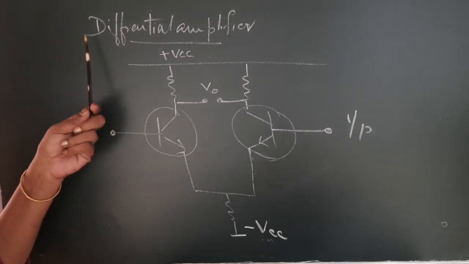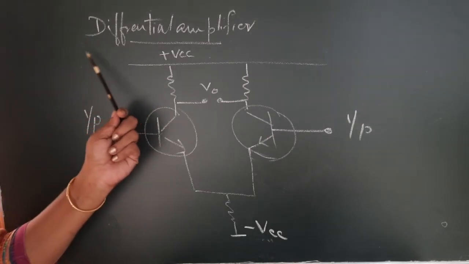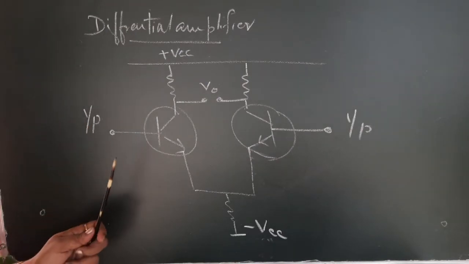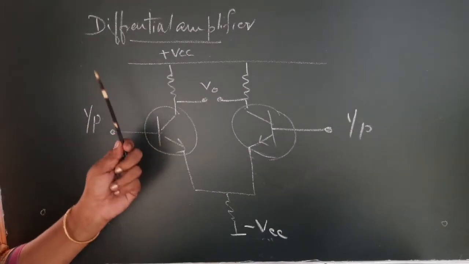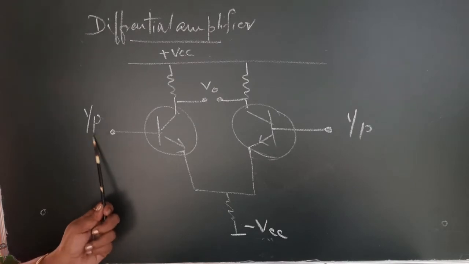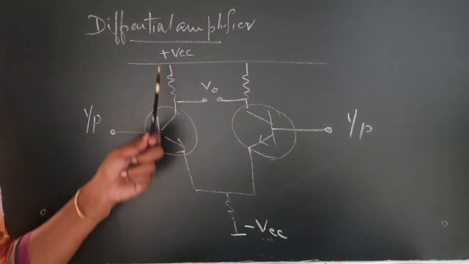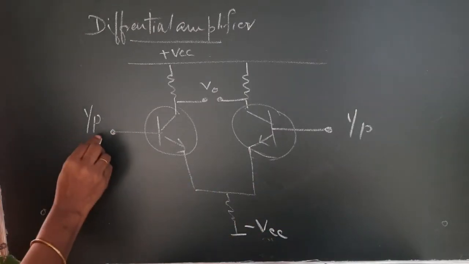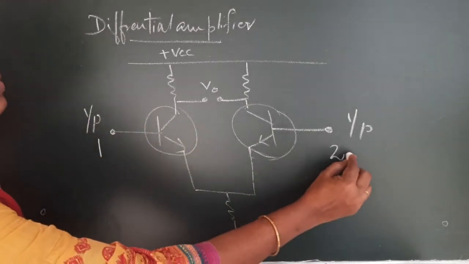As I had said, we will just have a look at what is a differential amplifier. Just an overall idea. In the differential mode, you will have two inputs. That is, you have two transistors, two bases. This is input 1 and this is input 2.